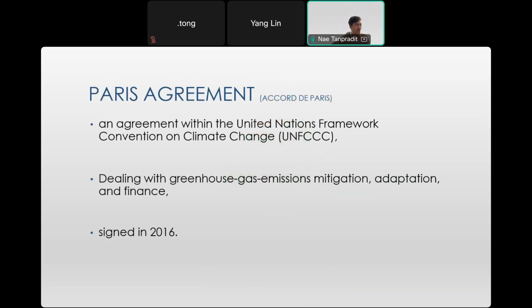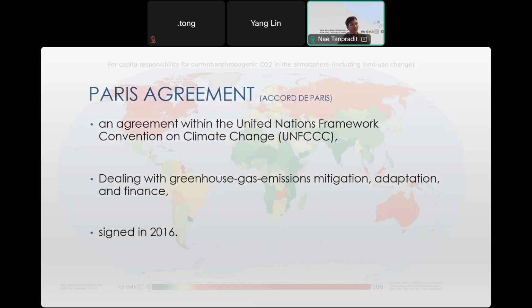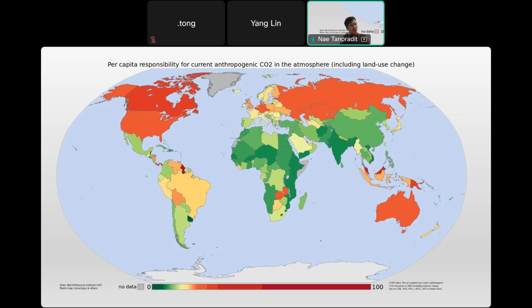The agreement is in the framework of the UN, the United Nations. They want to solve the problems of the world again. They said that they want to lower their greenhouse emission each year. This was signed in 2016 by all of the countries in the world, including North Korea.